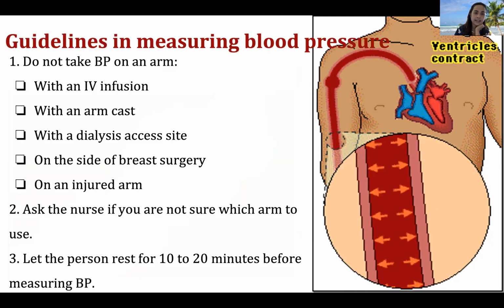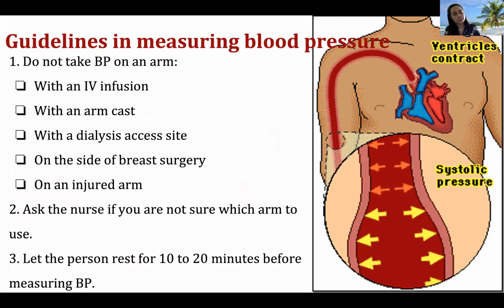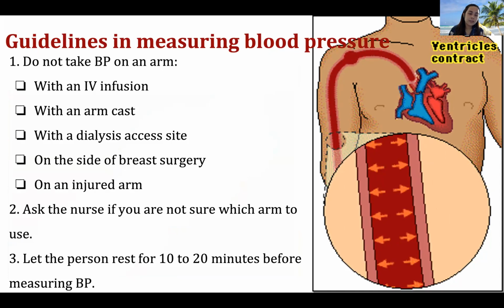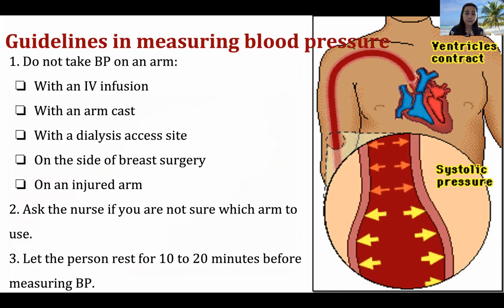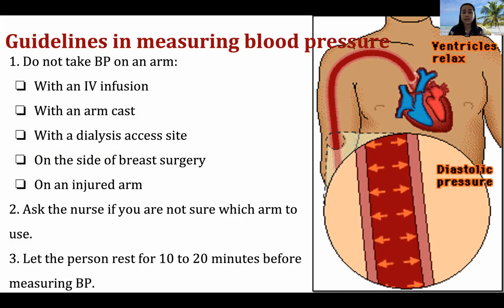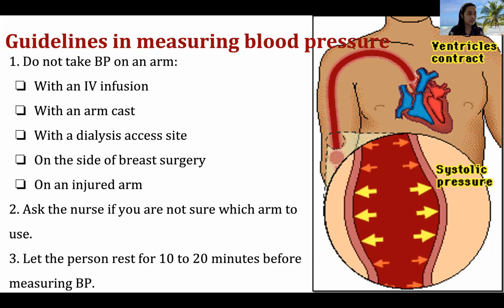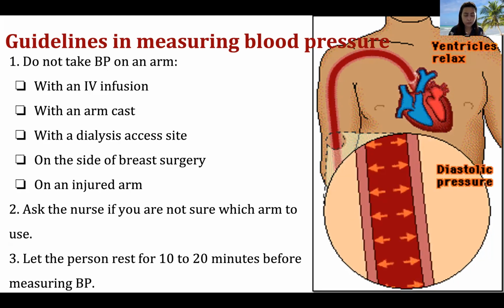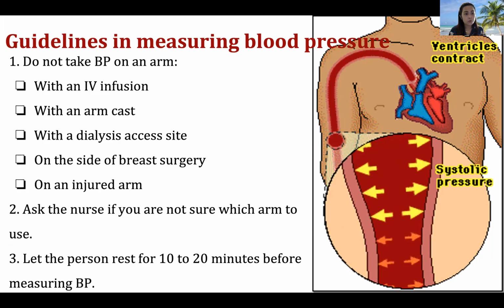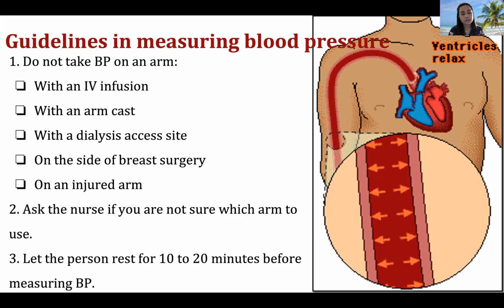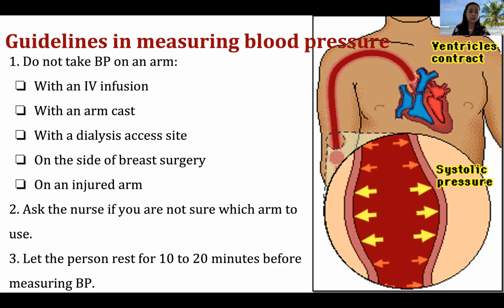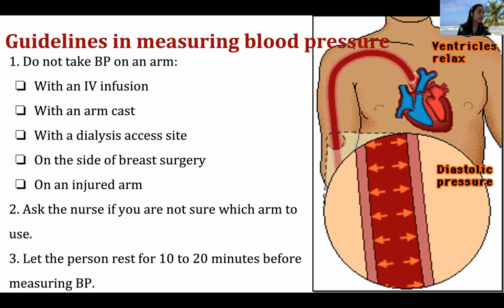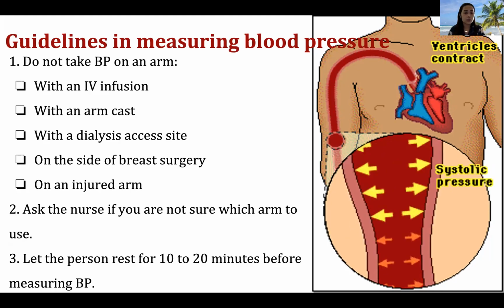So what are the guidelines in measuring blood pressure? First, do not take your BP on an arm with an IV infusion, because there will be blood flow in the IV set. Don't take your BP on an arm with a cast. For patients who have a fracture with a cast, don't take the BP because it will make the affected site swollen.